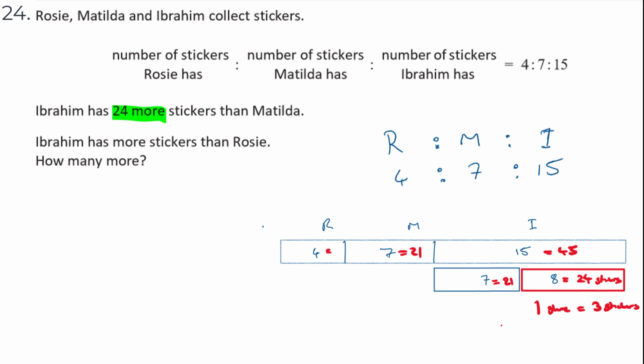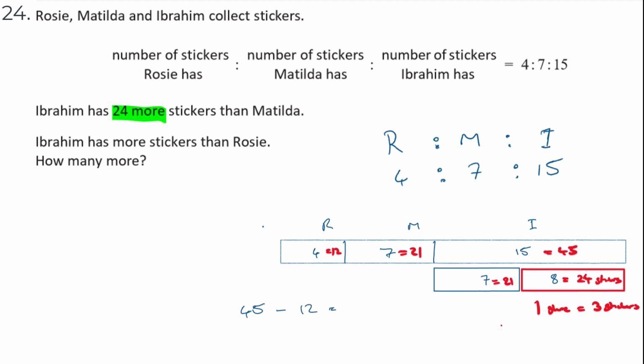And Rosie's going to have 4 times 3. She's going to have 12 stickers to start with. So if Ibrahim has 45 stickers and Rosie has 12 stickers, how many more does Ibrahim have? Then Ibrahim has 45 stickers minus 12 stickers.